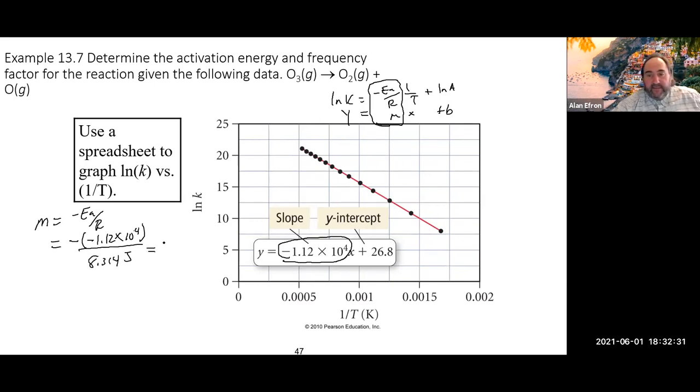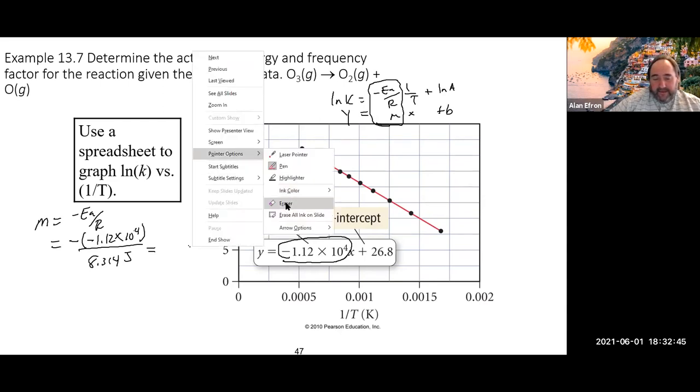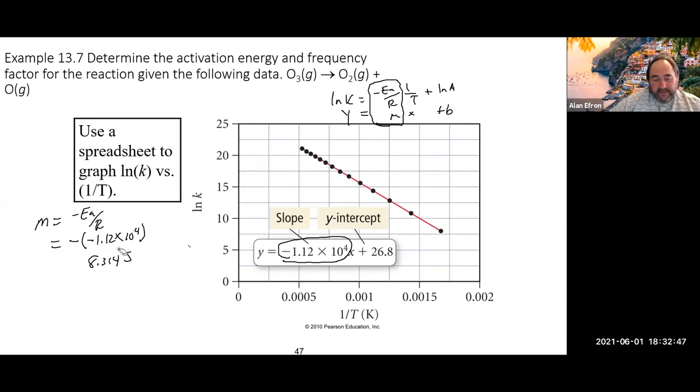Since we're dividing by the gas constant, which is in joules, we will end up with an activation energy in joules, except that I did not do that right. Let's do the math part right.